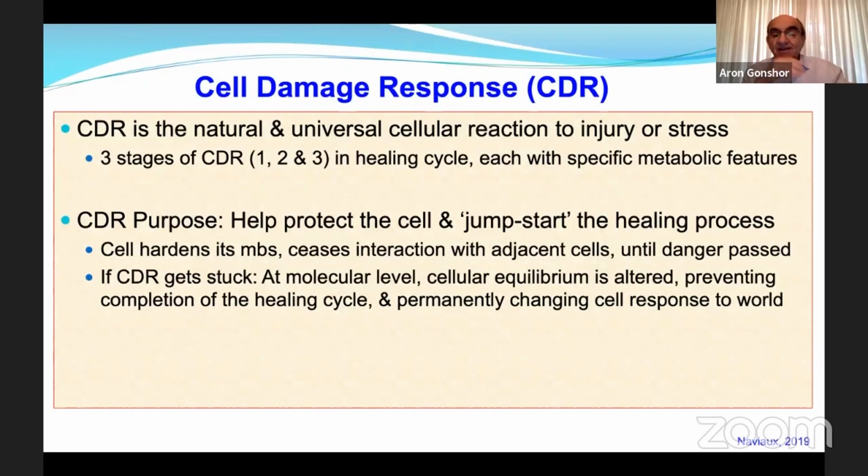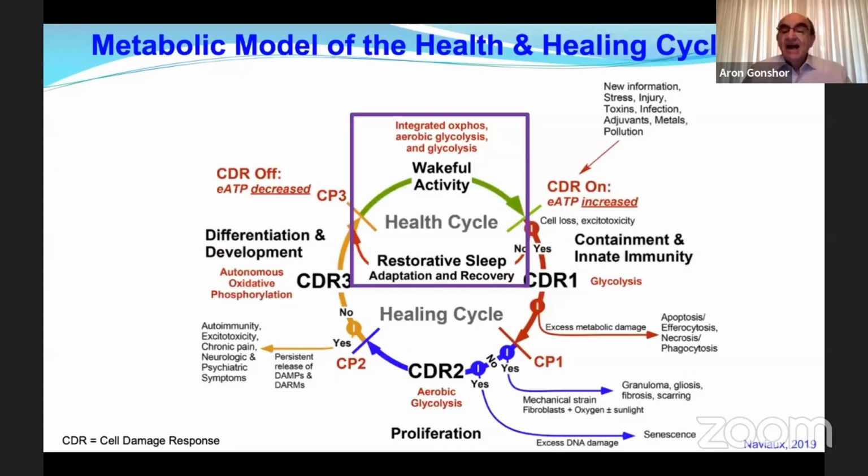And at the molecular level, this cellular equilibrium is altered. So it prevents the completion of the healing cycle, in what's called the first stage of the damage response. And what that means is that it exceeds the capacity of restorative sleep to repair damage.